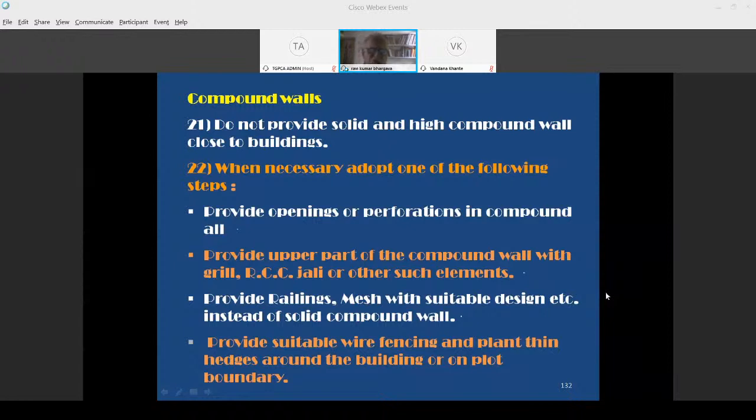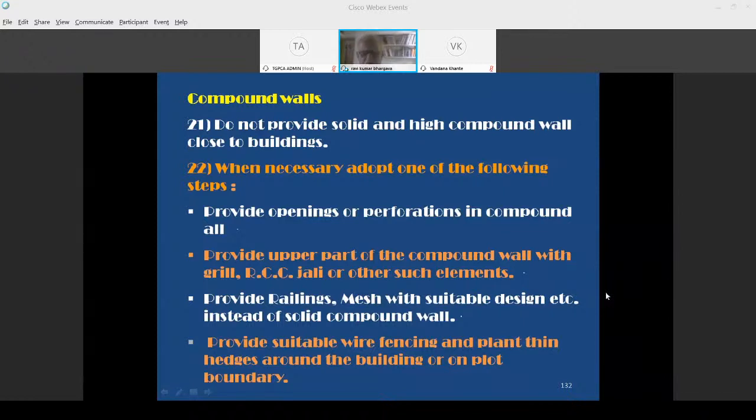Then what could be the solution, friends? One solution might be to provide openings or perforations in the compound wall. Provide the upper part of the compound wall with grill, RCC jali, or other such elements. Provide railings, mesh with suitable design, etc., instead of a solid compound wall, particularly in the upper part.